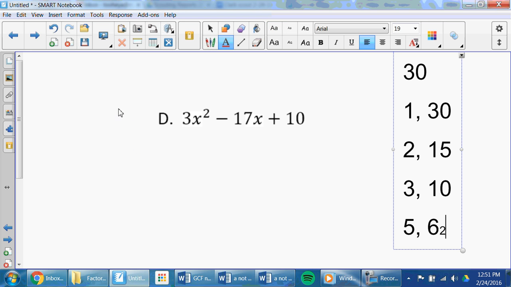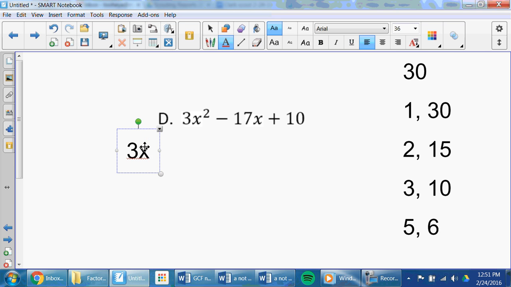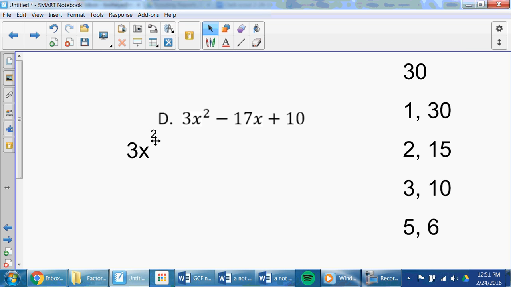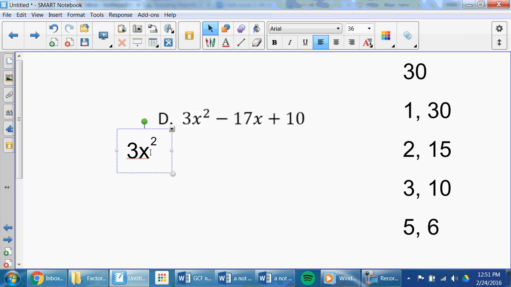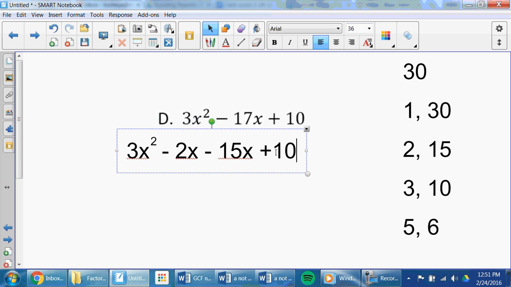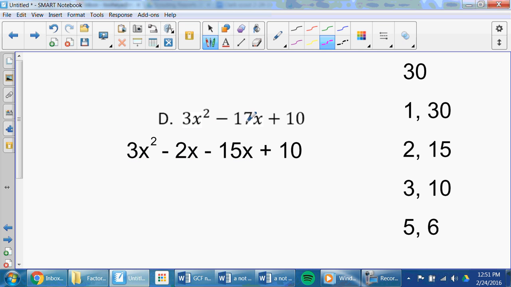So I would do 3x squared minus 2x, because they both have to be negative because it multiplies to be a positive and adds to be a negative, plus 10. Then I split them here.